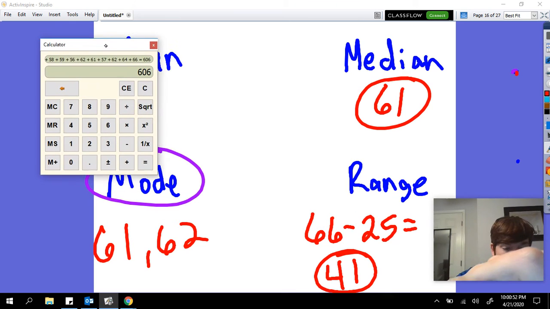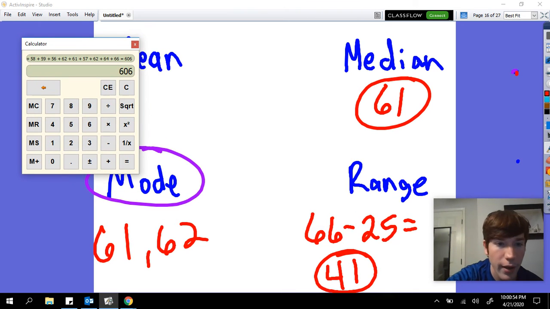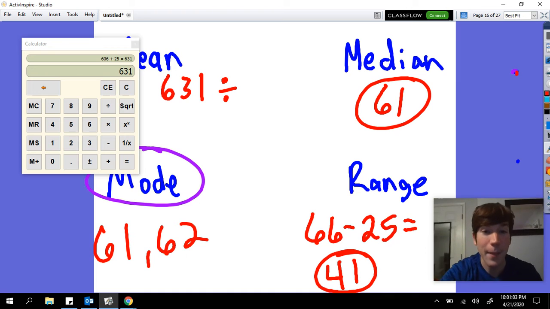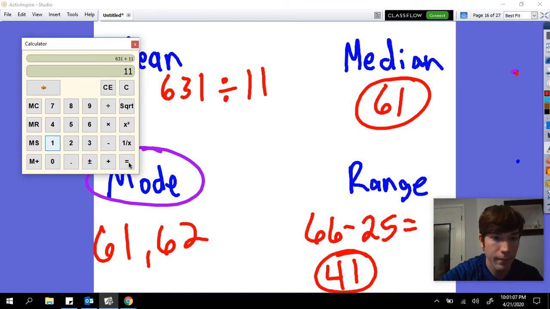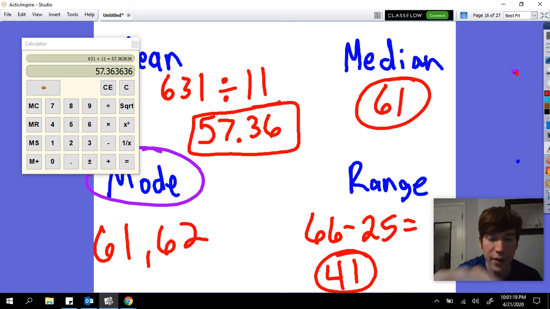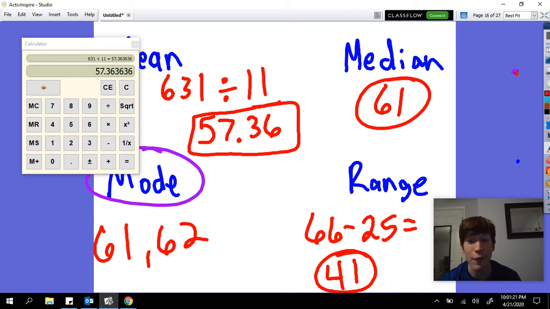So I'm going to add 606, which we did before, and 25, which gives me 631. Now, because we have another number, I'm dividing by 11, and I'm going to round this to the hundredths place. It's going to give me 57 and 36 hundredths as my average.